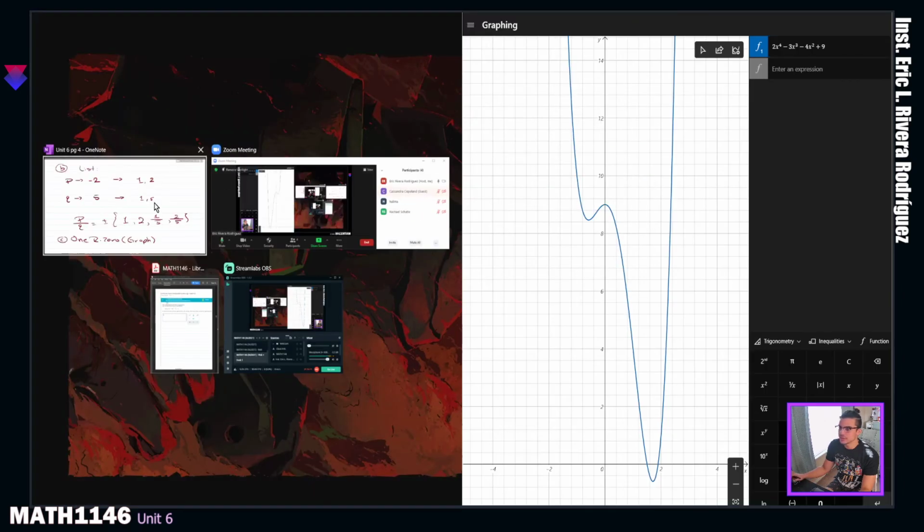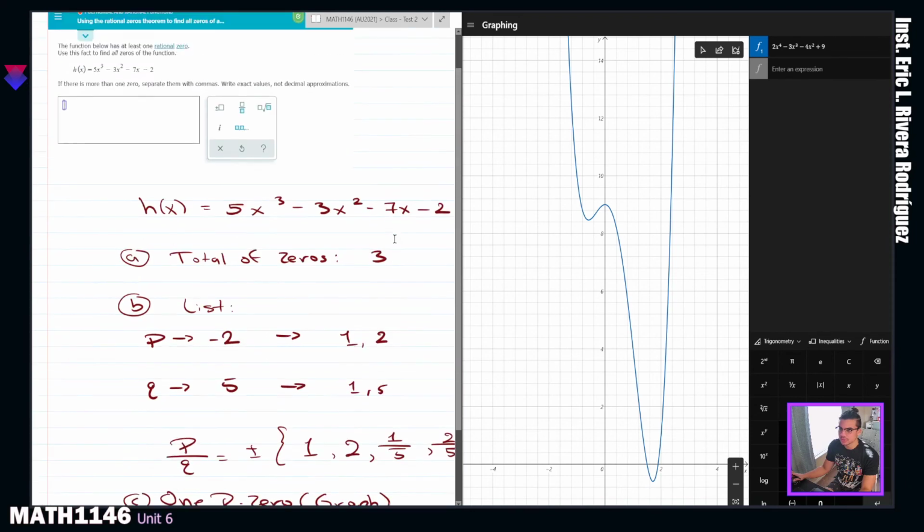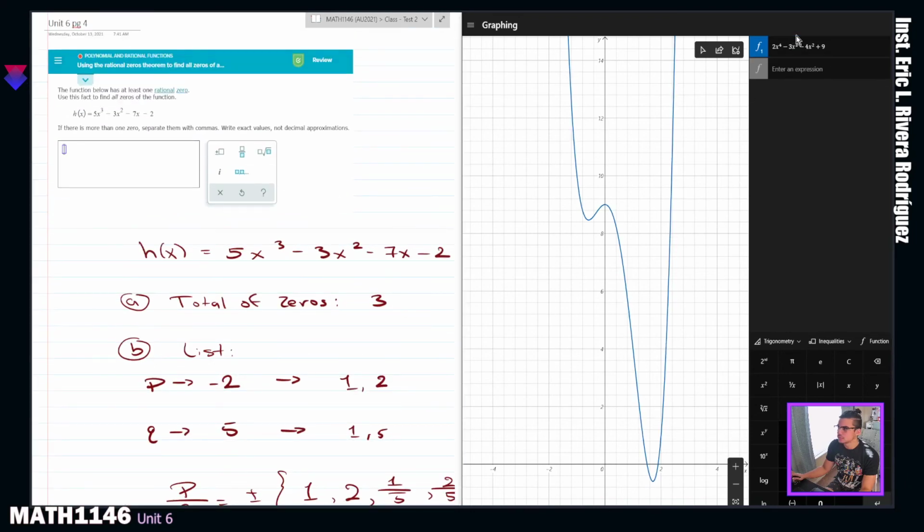And the graph of this exercise is 5x^3 minus 7x minus 2.